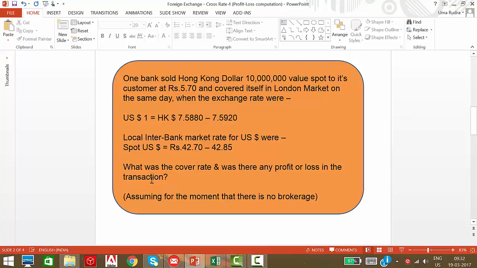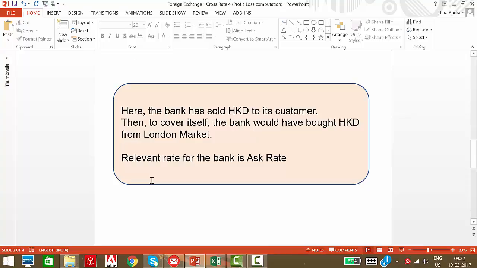So we need to see what was the cover rate, meaning when he is buying back the Hong Kong dollar in London market, what is the rate INR per HKD, and whether there is any profit or loss incurred through this transaction. So exactly what happened here. The bank sold Hong Kong dollar to its customer, then covered itself. Bank is buying back HKD from London market.